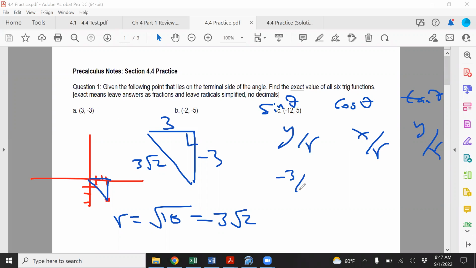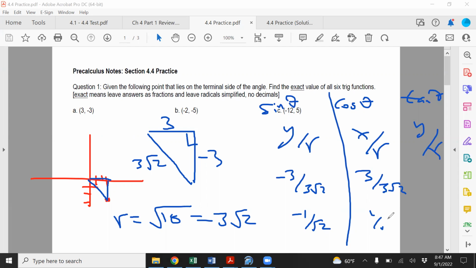What's our r value? 3√2. It reduces to -1 over √2. What's your x coordinate? 3. What's your r? 3√2. That simplifies to 1 over √2. And then what's your y over x? Sorry, it's y over x, my bad. That's just -3 over 3, which of course is -1. So those are the answers.